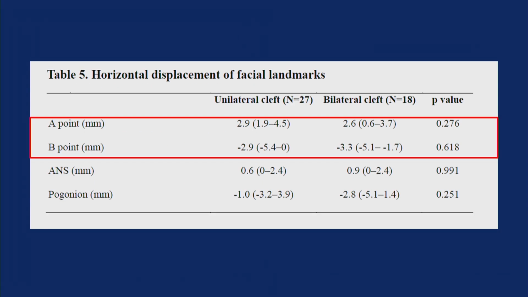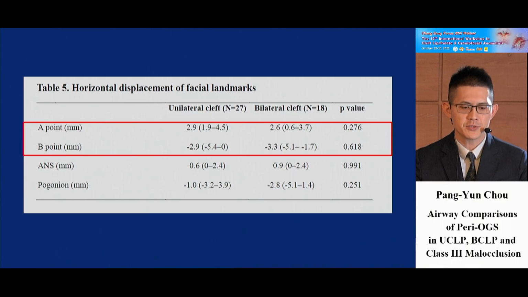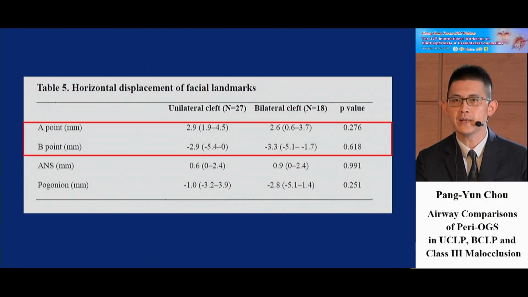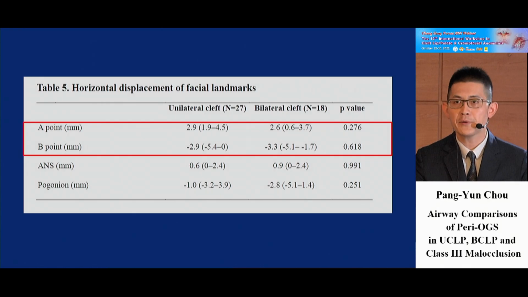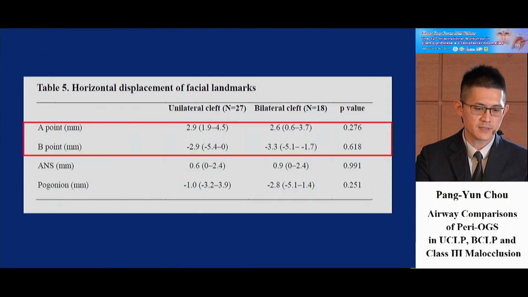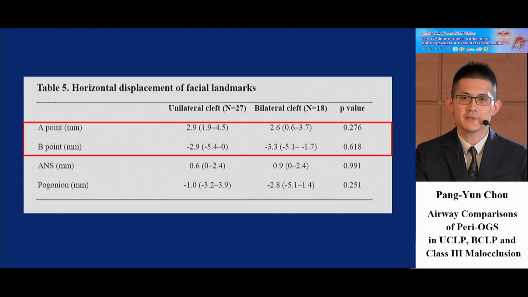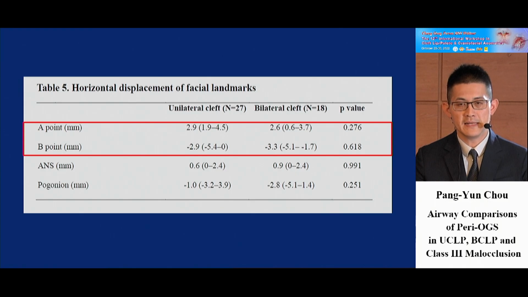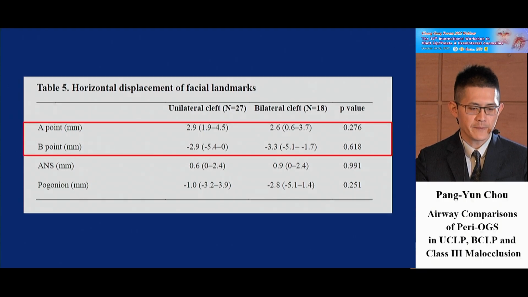When we look in more detail at the translational movement of the A point and B point, in UCLP and BCLP the A point advancement is around 2.9 and 2.6. This means in the UCLP patient we can move a little bit more forward over point A, probably because the scarring in UCLP is much less than in BCLP.